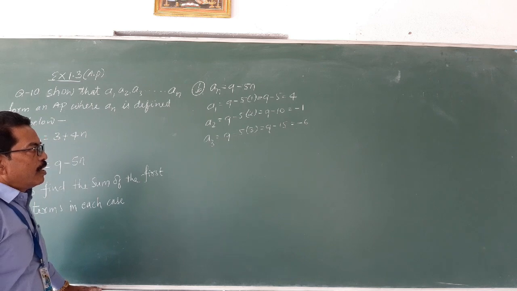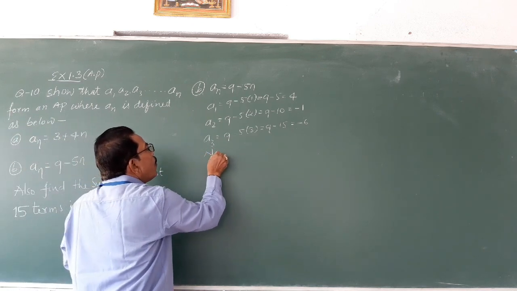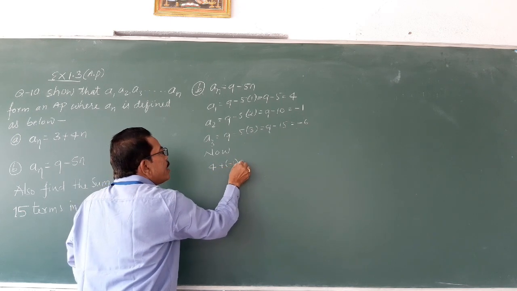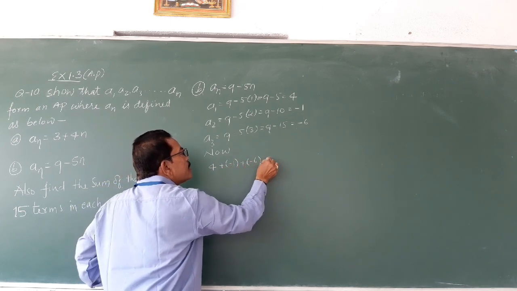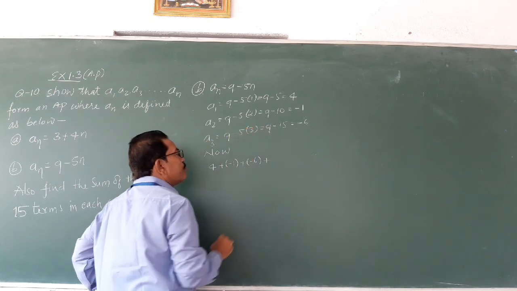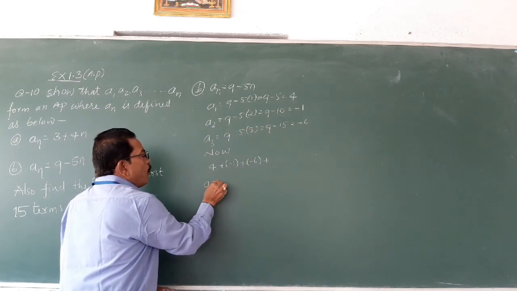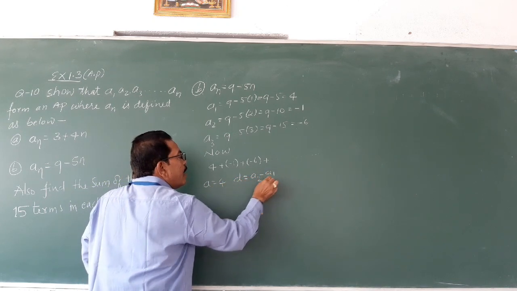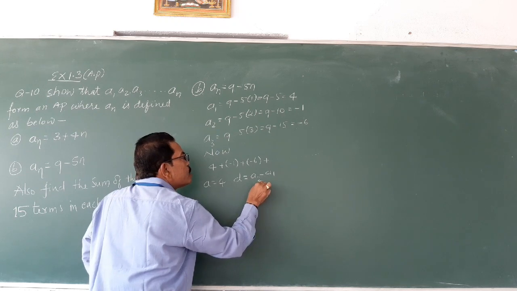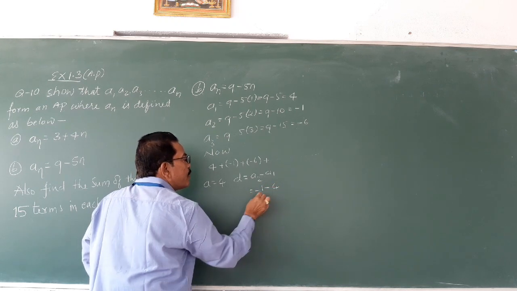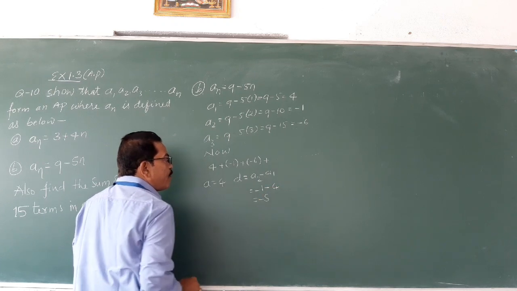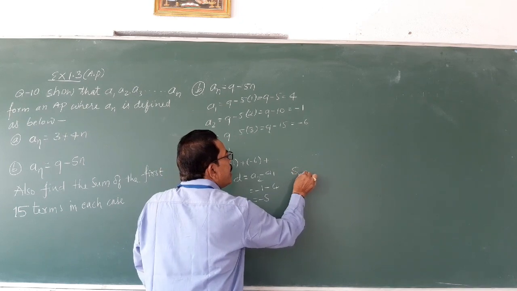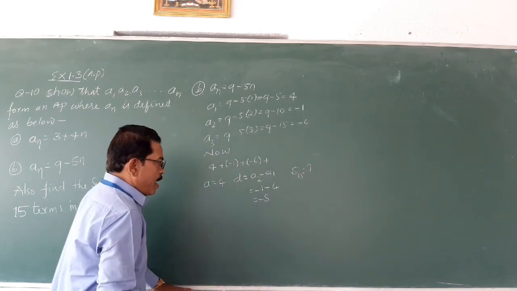Now 4 plus minus 1 plus minus 6 plus so on. a equals 4, d equals a2 minus a1, minus 1 minus 4, that equals minus 5. Then S15 equals question mark.